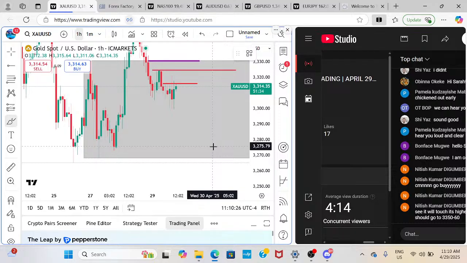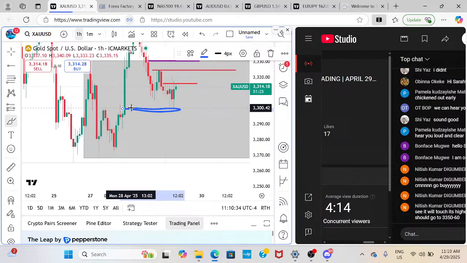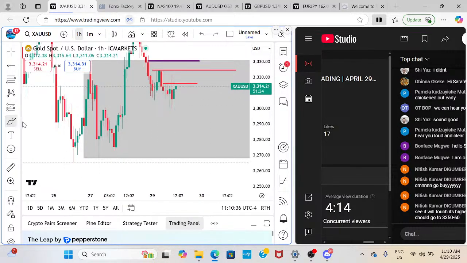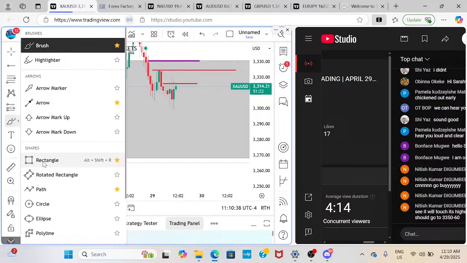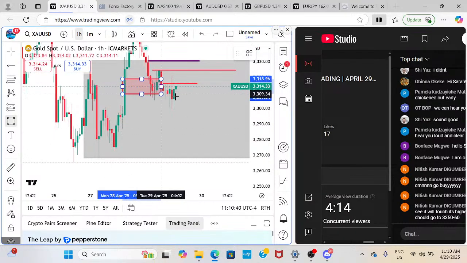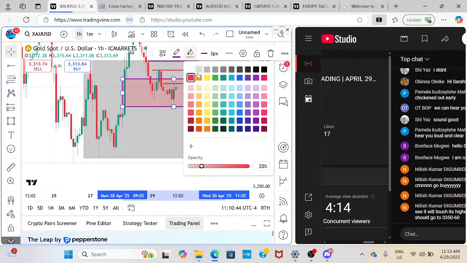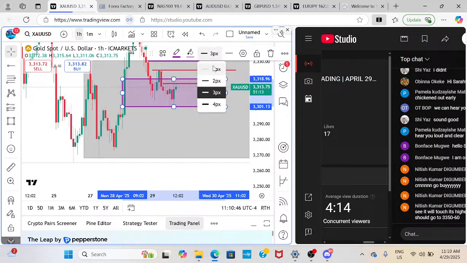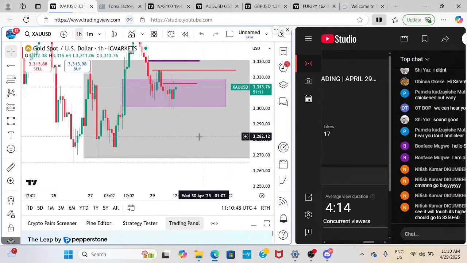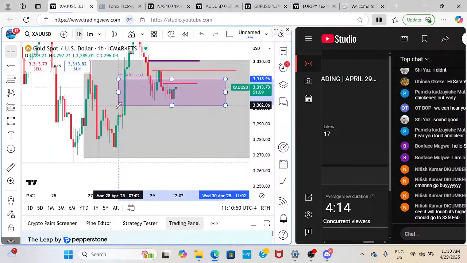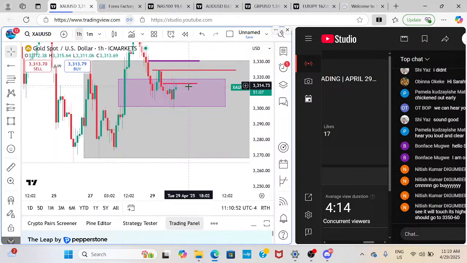Possible good area for a buy on gold. Over here, the price is buying because we do have support, right? There's a fair value gap right here, which the price of gold is currently trying to use to push back up.